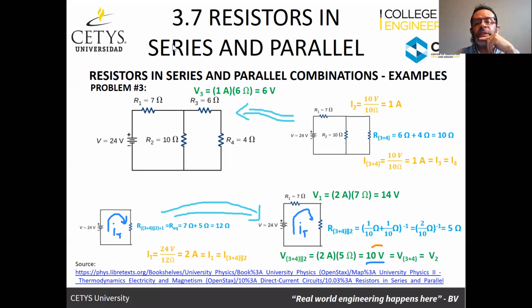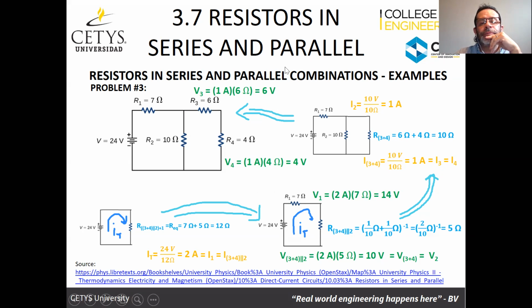And with that current, we can find the voltage in resistor 3 because it's going to be the same current in these two. And we can also find the voltage in R4, which is going to be the 1 amp that we just found multiplied by the resistor.